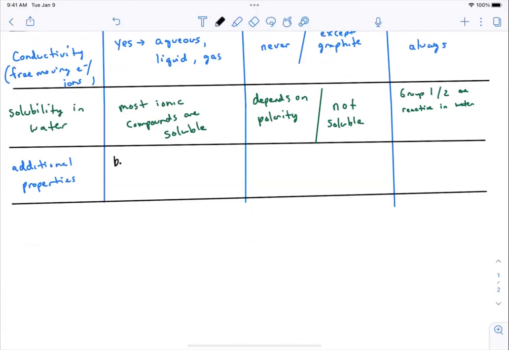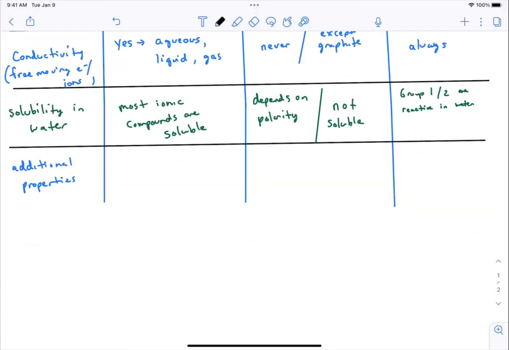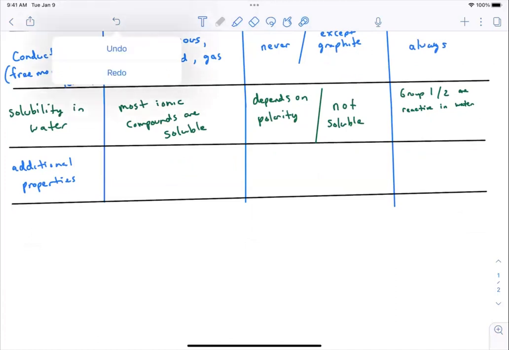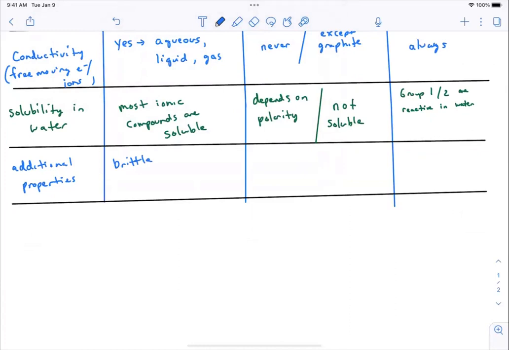Ionic compounds are brittle. What I mean by brittle is that when you apply force to them, they shatter, break into little pieces. They aren't very malleable. They can't withstand a lot of force.